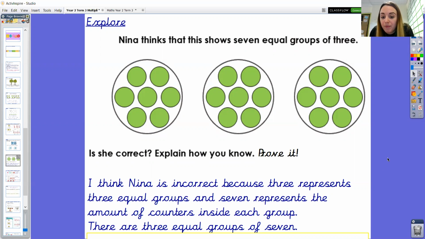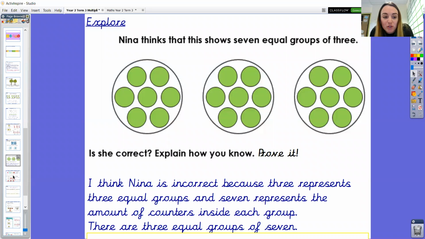There are 3 equal groups of 7. I may have also drawn a picture of what 7 equal groups of 3 looks like to prove that Nina is incorrect.